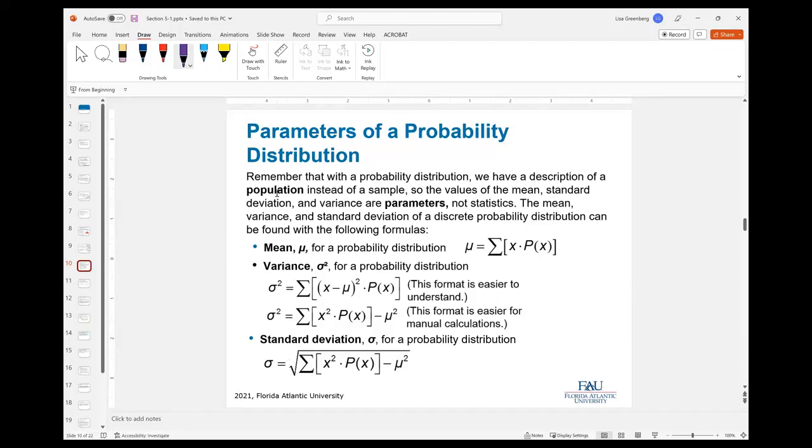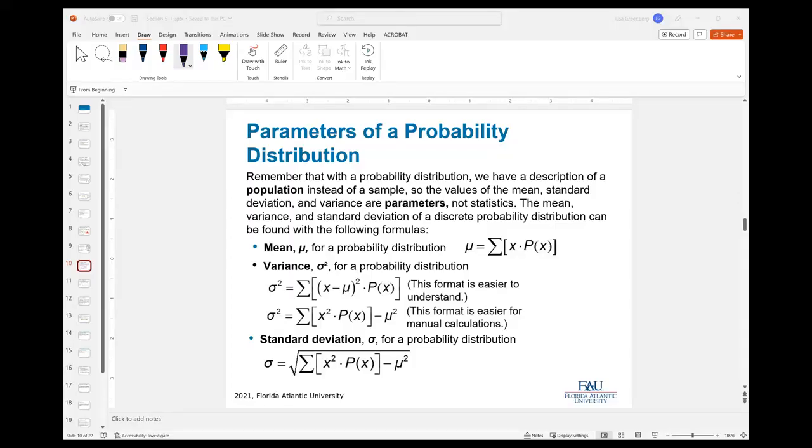So let's stop here for a second, and now we're going to regroup, and we're going to talk about parameters of a probability distribution. Okay, so now, again, parameters of a probability distribution.